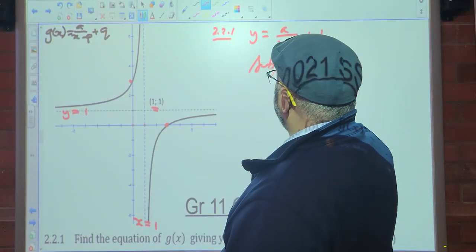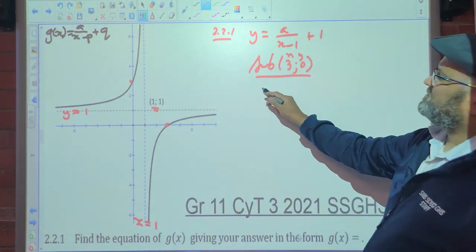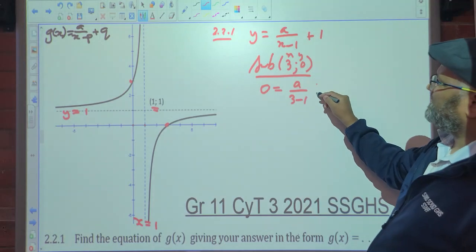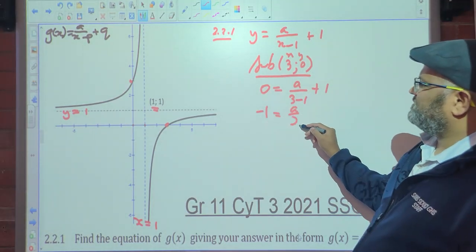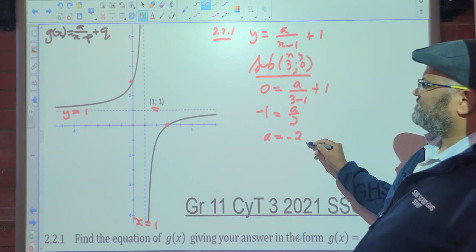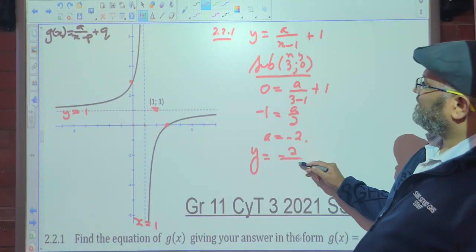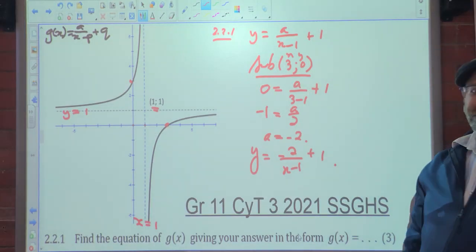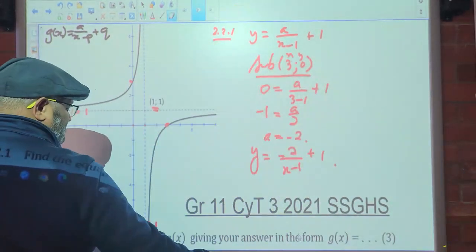You substitute 3 and 0, it's x and y. So 0 is equal to a over 3 minus 1, plus 1. Moving the 1 over, negative 1 is equal to a over 2. So a is negative 2. What's my equation? y is equal to negative 2 over x minus 1, plus 1. And this is your g of x graph.